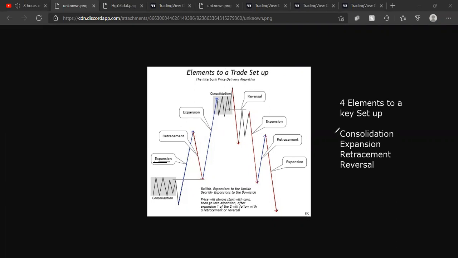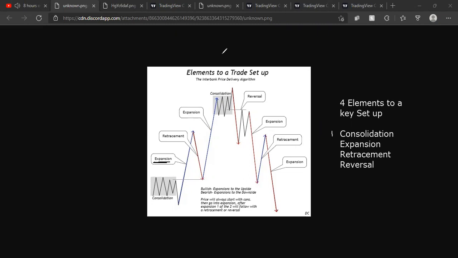By the way, the 4 key elements are consolidation, expansion, retracement, and reversals. It'll always start with consolidation. Consolidation will always be your first step.